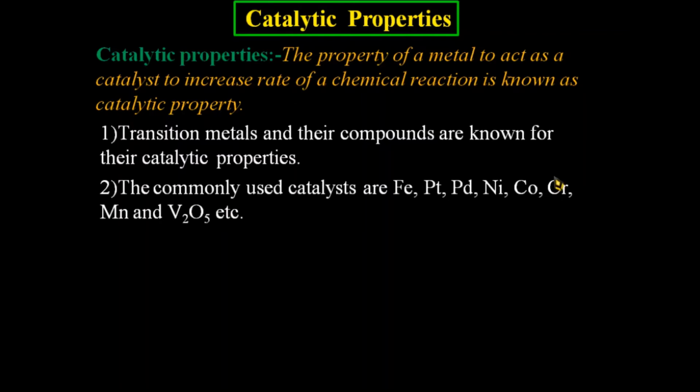The compound of chromium, that is K2Cr2O7, is used as an oxidizing agent in different media. Similarly, the compound of Mn, that is potassium permanganate, is used as an oxidizing agent in acidic, alkaline, and neutral media. Like that, iron, platinum, palladium are also used as catalysts in most chemical reactions.